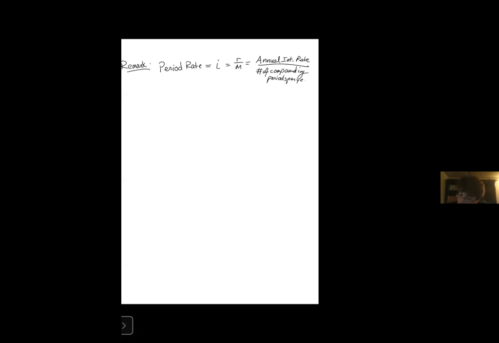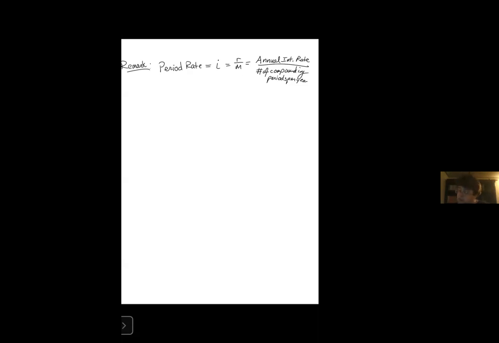Periodic rate, i, is the interest rate per compounding period. So there will be times where we talk about the interest rate per compounding period, just i. And we could find that by taking the annual interest rate and dividing it by the compounding periods per year. Years cancel out and you're left with interest per compounding period.